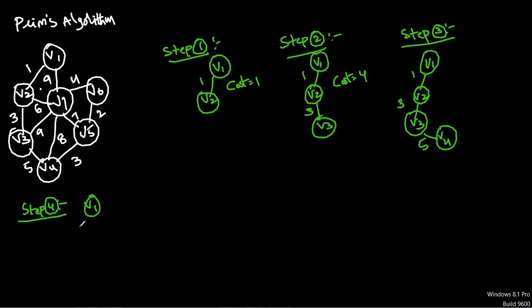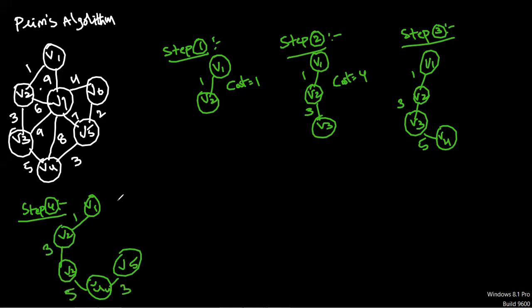So select the V4 to V5 edge. V1 to V2, V2 to V3, V3 to V4 and V4 to V5 with cost 1, 3, 5 and 3.